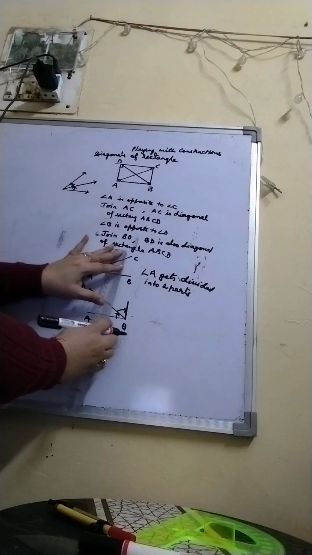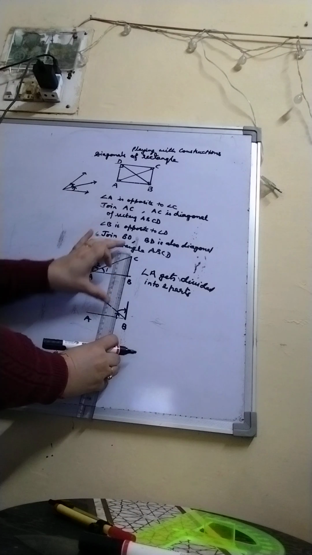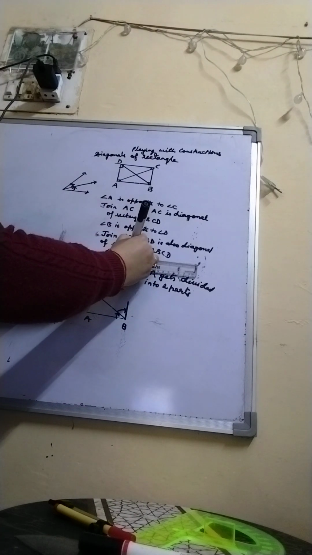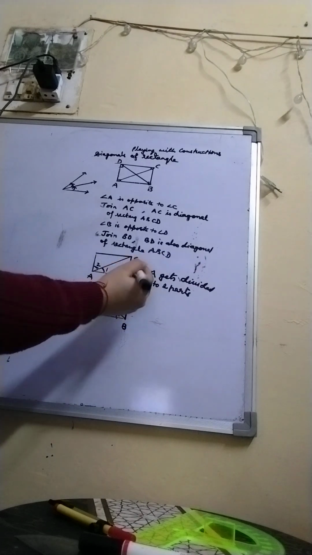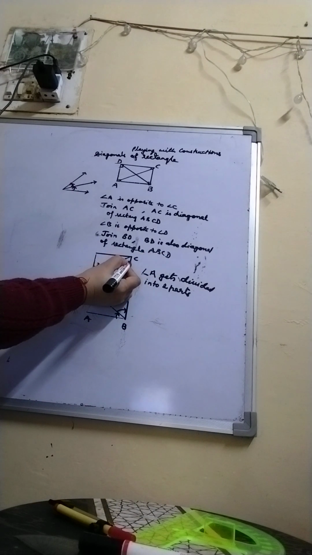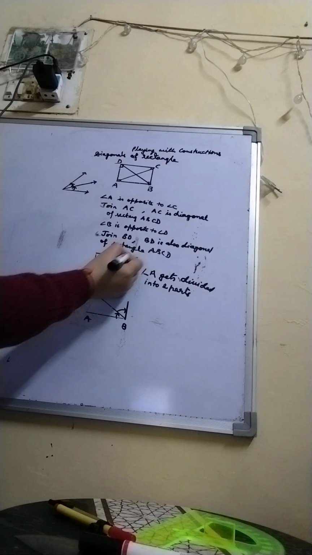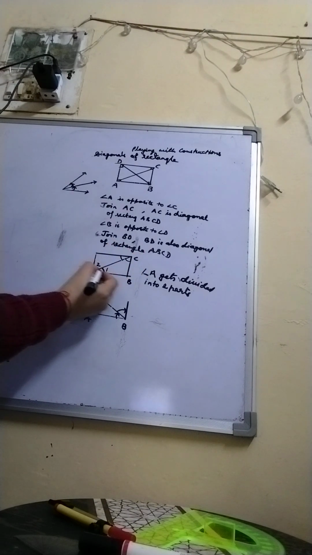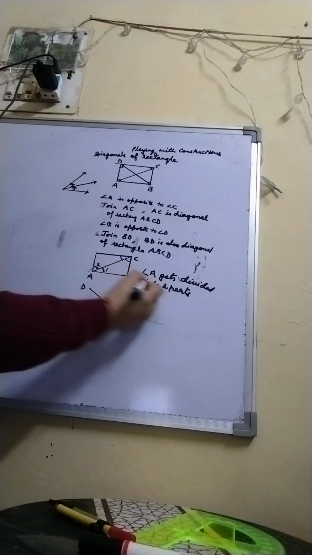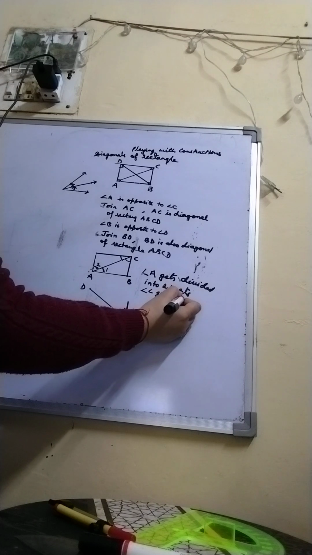Now if I join the other two sides like this, then you can say that angle C is also divided into two parts. So the AC diagonal is dividing angle A into two parts, and angle C gets divided into two parts.